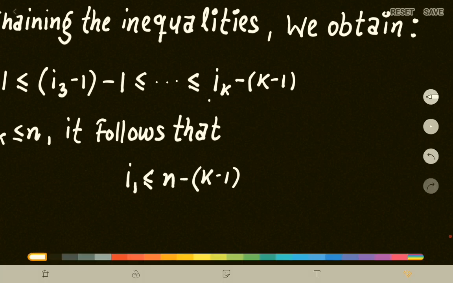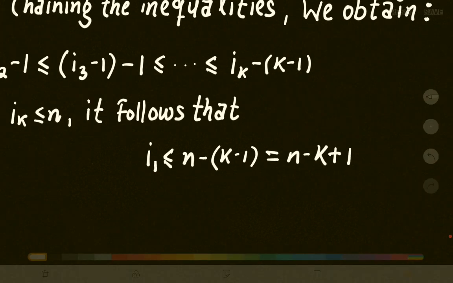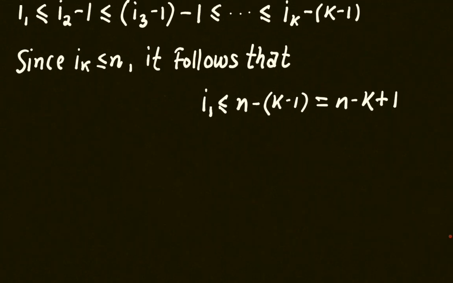We just replaced I sub k with n, which equals n minus k plus 1. Now this is the maximum possible value I1 can take.